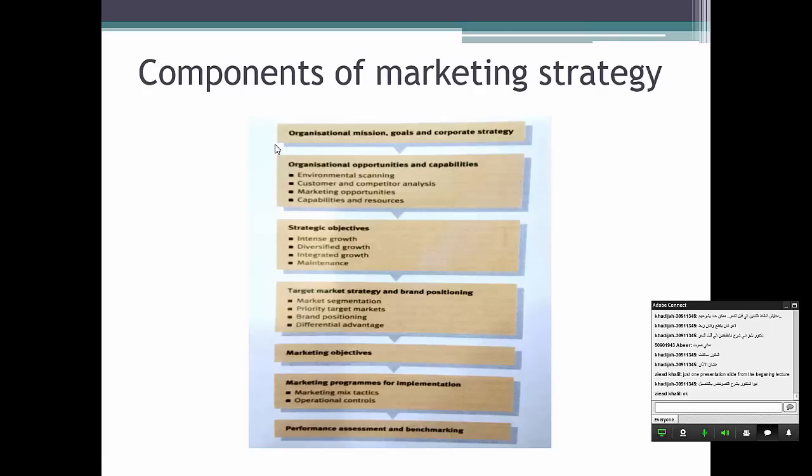So each one of the places has its own characteristics or attributes. This is the positioning, and at the same time you need to think of your differential advantage.